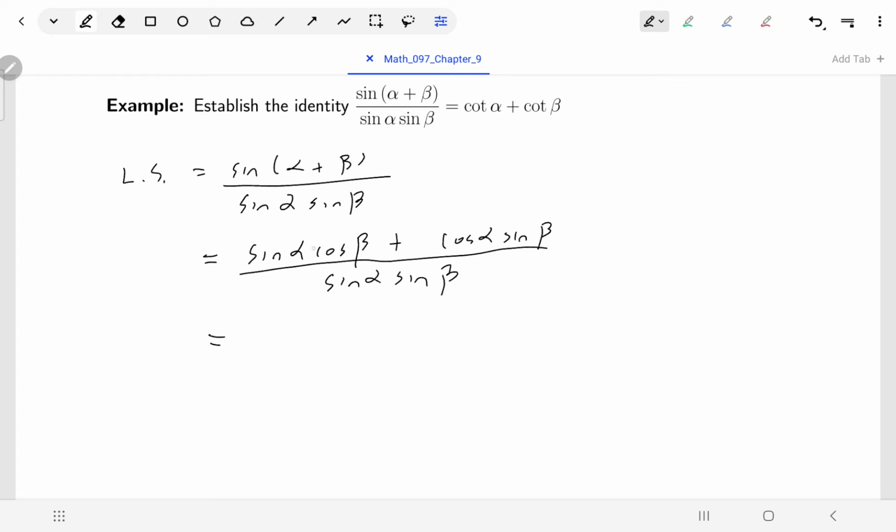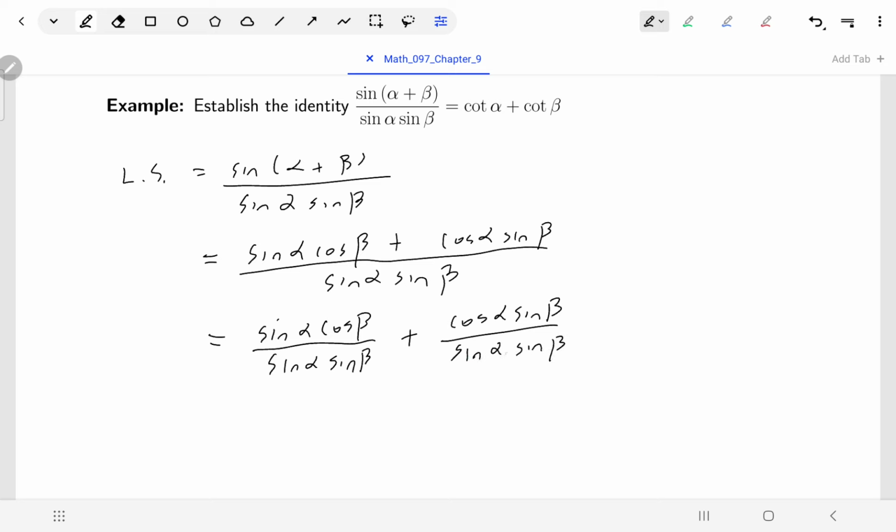So instead of one big fraction all over sine alpha, sine beta, I'll make it two smaller fractions over sine alpha, sine beta. I'll take that sine alpha cos beta and have it over sine alpha, sine beta. And then plus the second half of my numerator, cosine alpha sine beta, over sine alpha sine beta.